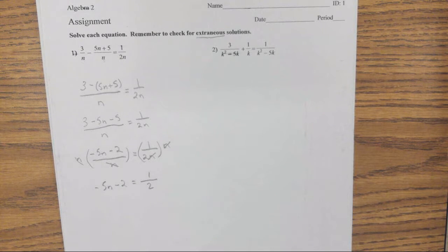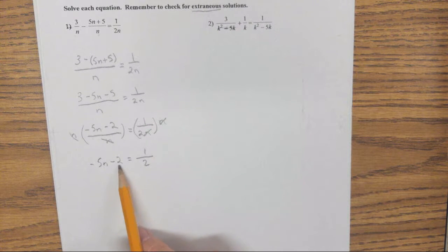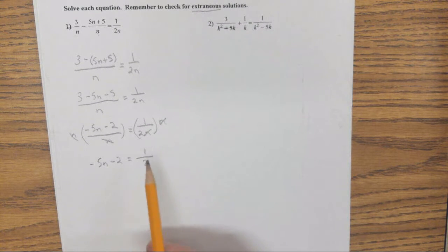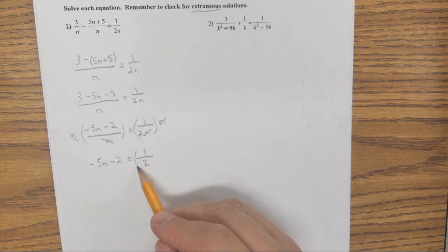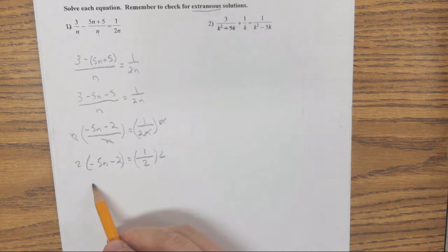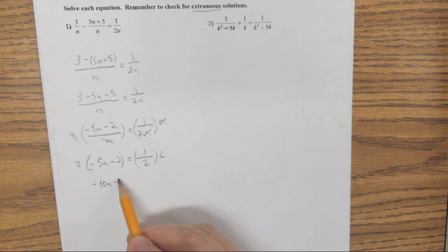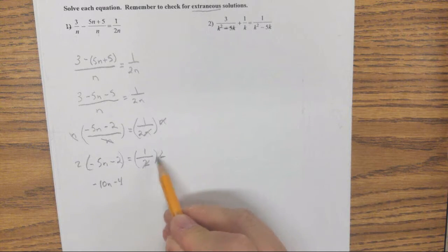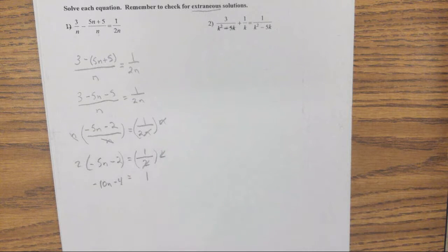Let's go ahead and get the 2 out of here. You don't have to do it this way. You could move the 2 over here and add that and get 2.5 and so on and so forth. But let's just work on getting the 2 out of there. Maybe it'll be a little bit easier for us. So multiply both sides by 2. This will be negative 10n minus 4. That one will go away, so that's equal to 1.